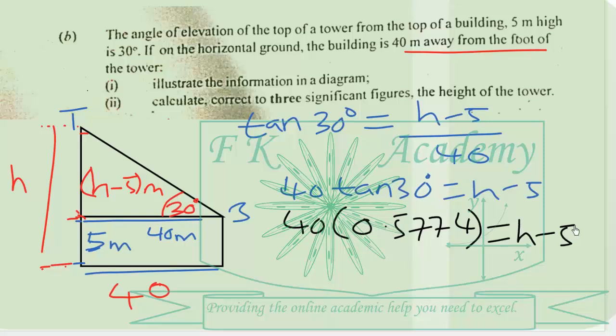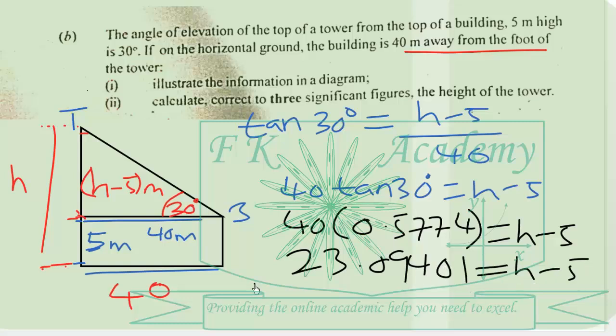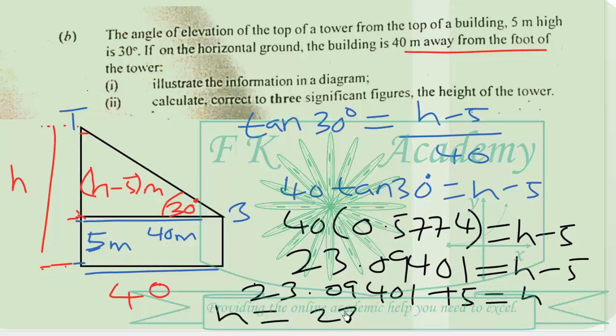And when we multiply this, we will obtain 23.09401. We now solve for h to get 23.09401 plus 5, which is 28.09401. To 3 significant figures, we obtain 28.1 meters.